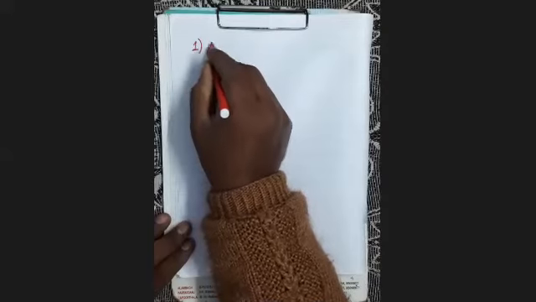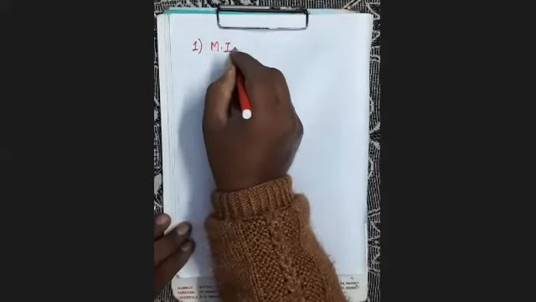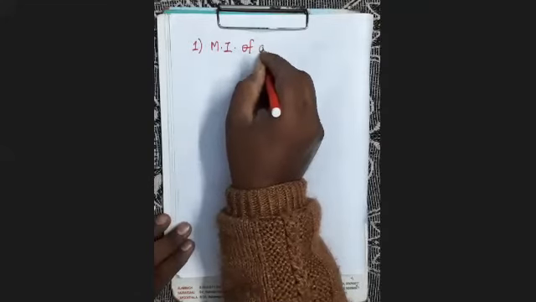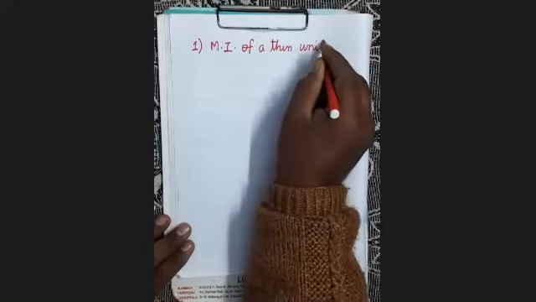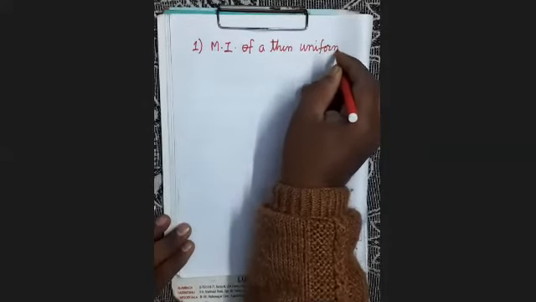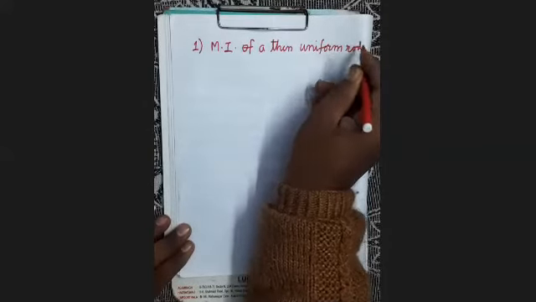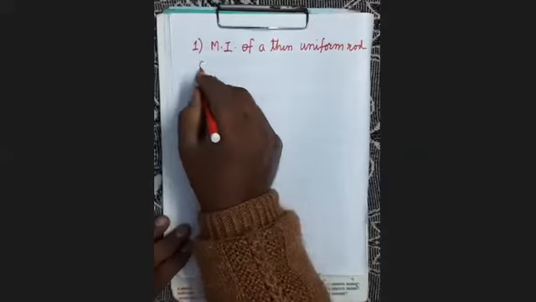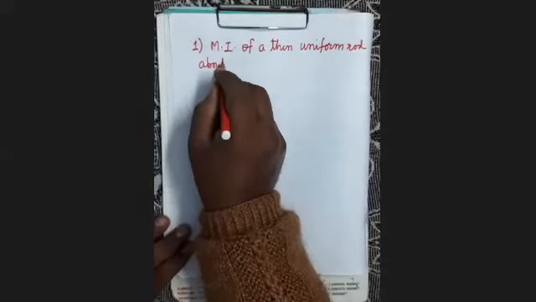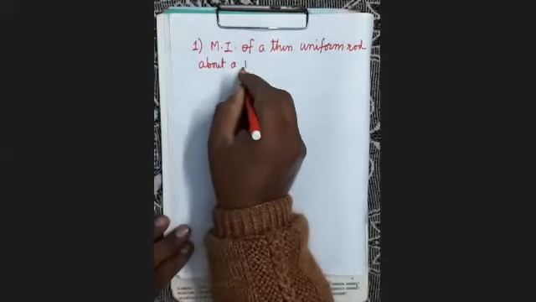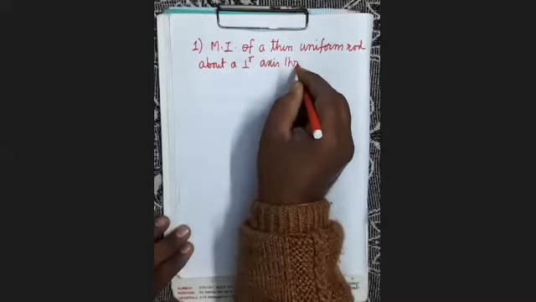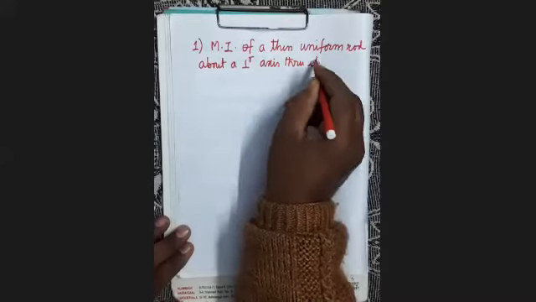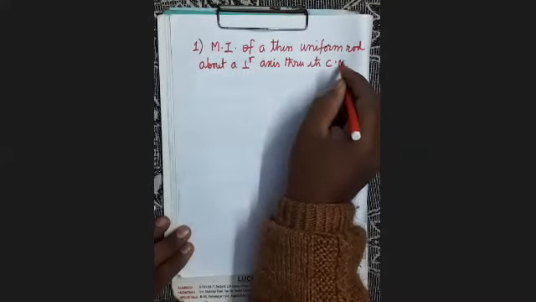Now see here, mi of a thin uniform rod about a perpendicular axis through its center of mass.